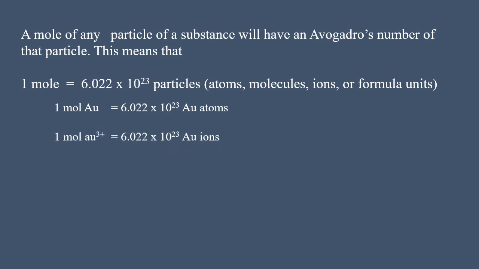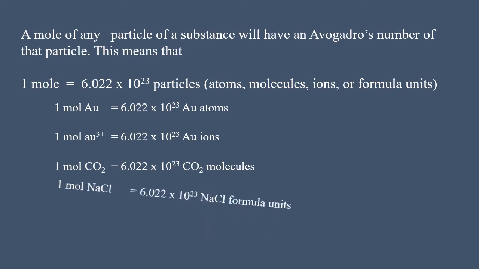And 1 mole of gold ion is equal to 6.022 times 10 to the 23rd gold ions. 1 mole of carbon dioxide is equal to 6.022 times 10 to the 23rd carbon dioxide molecules. And 1 mole of sodium chloride is equal to 6.022 times 10 to the 23rd sodium chloride formula units.